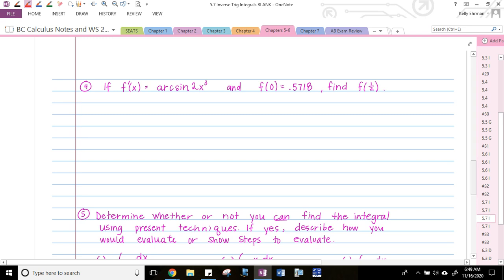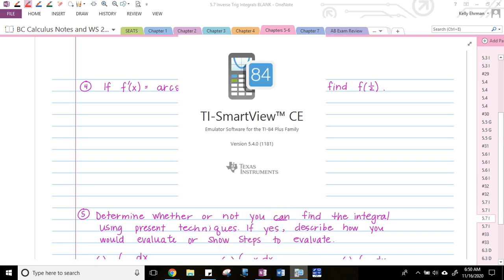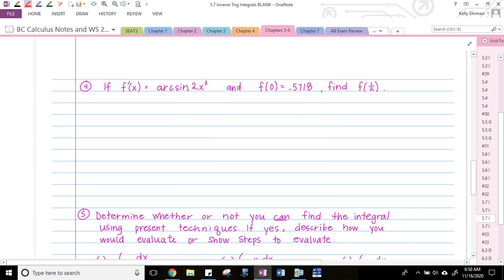If f prime of x equals arc sine of 2x to the third, and, oh, we need our calculator for this one, and f of 0 equals 0.5718, find f of 1/2. So I know f of 0, I have a derivative, I want to find f of 1/2.